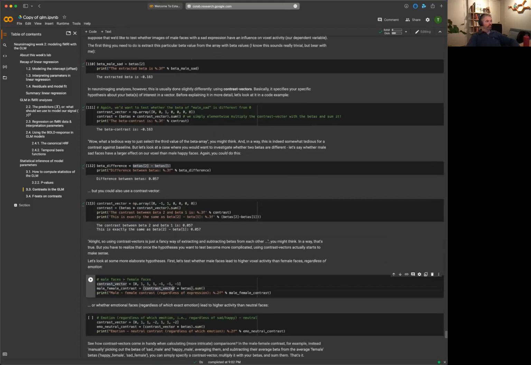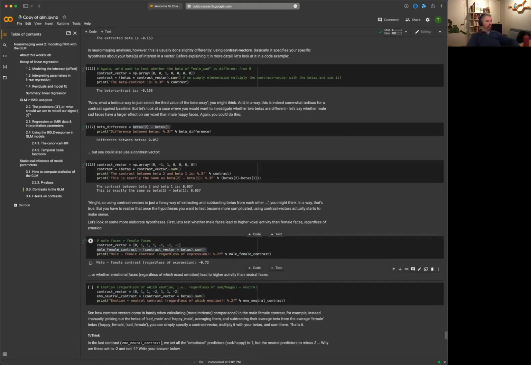We could also do a contrast between male and female faces, and the way that you would do that is 1s here and -1s here, right? These are all the male faces and these are all the female faces. Again, you can calculate this contrast in exactly the same way. So this is the contrast in terms of the beta weights. And there you have it.